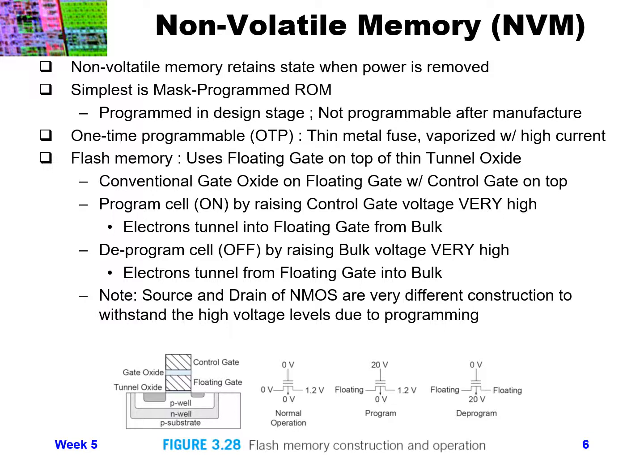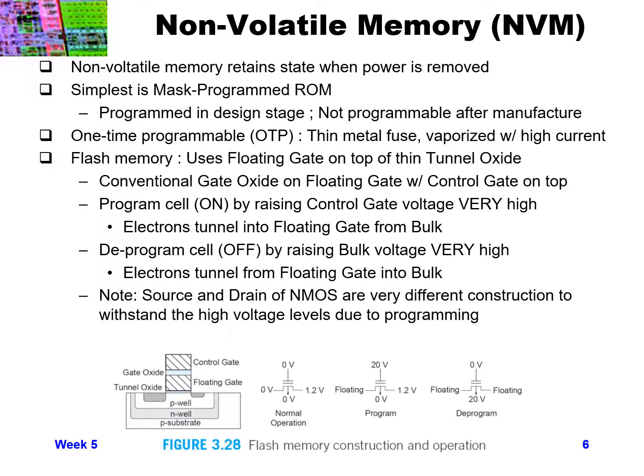So instead of having your normal gate oxide over your channel, you have a really thin, much thinner than normal gate oxide that's called a tunnel oxide. And then you have a gate on top of that that isn't connected to anything, so it's floating. And then above that is your control gate on top. You have a gate oxide on top of the floating gate, and then control gate on top.